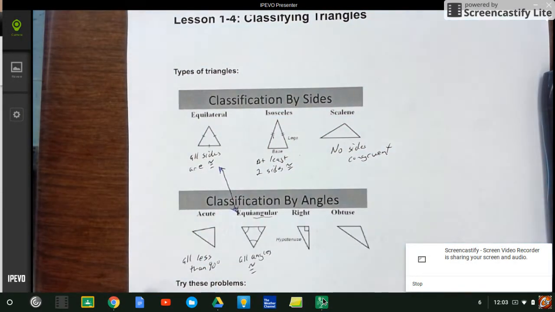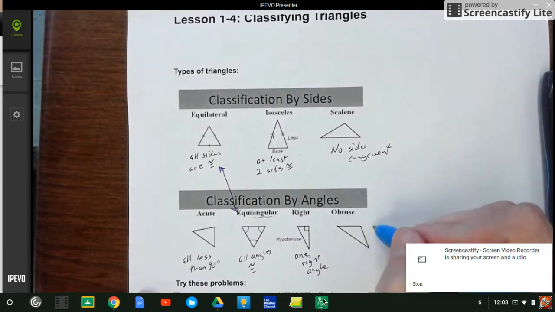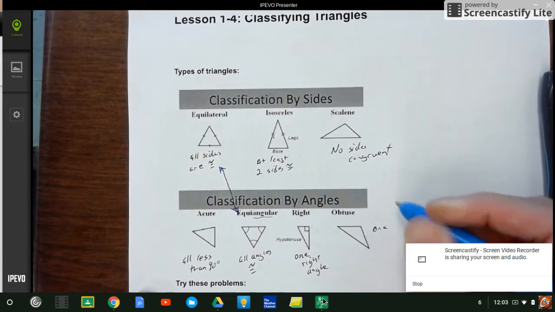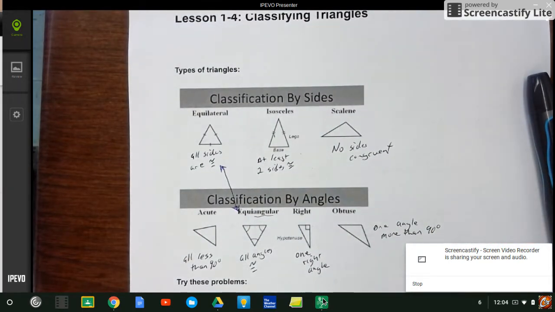Equiangular will be equilateral as well. And our third one, right triangle, one right angle. And obtuse, one angle more than 90 degrees. Okay, so there are some angles there.